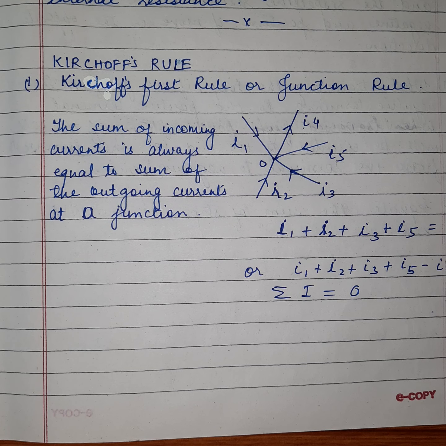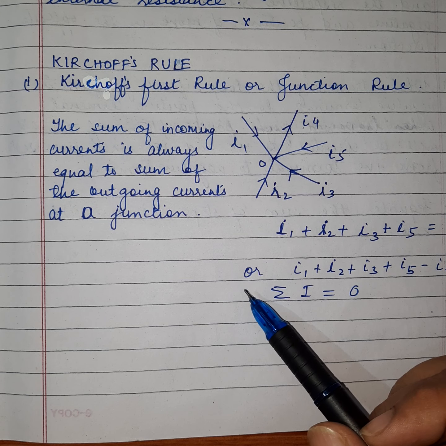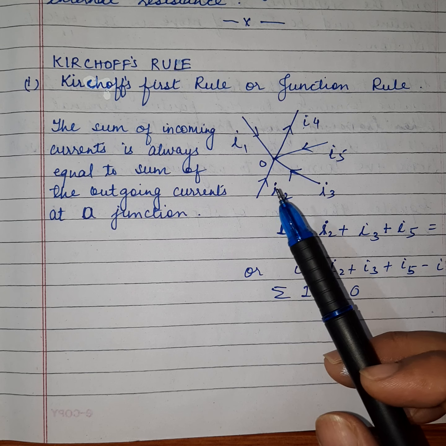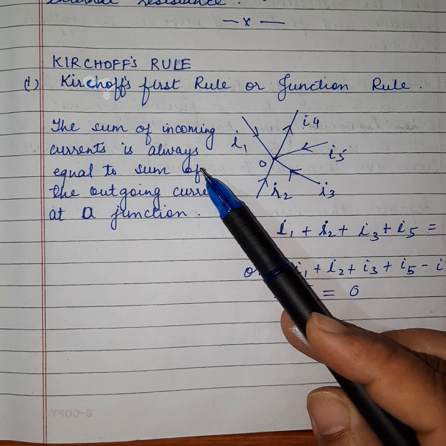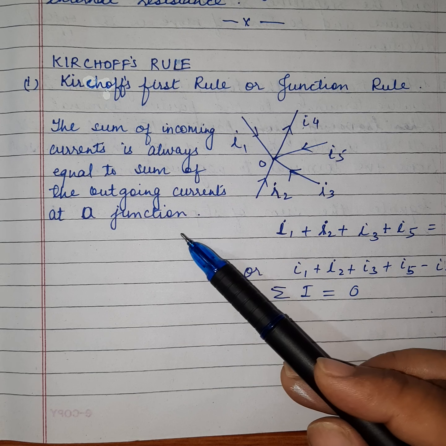It states that the algebraic sum of the currents meeting at a junction in an electrical circuit is always 0.